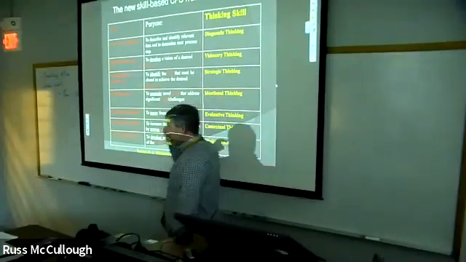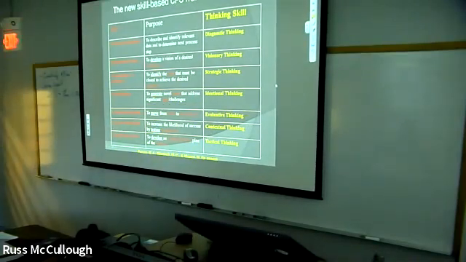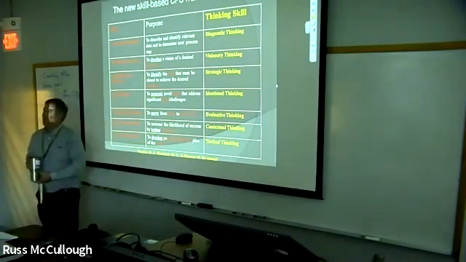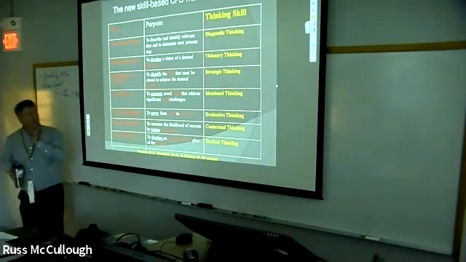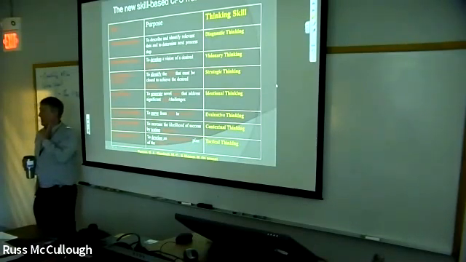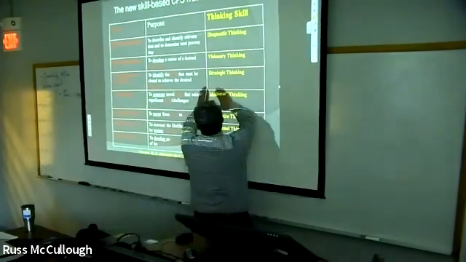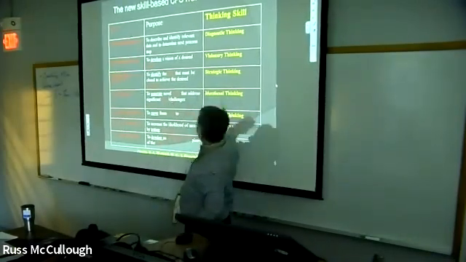What kind of thinking do you think you're doing if you're doing ideational thinking? Creative thinking, okay, good. Who else wants to add on to that? Bobby? Ideas, yeah. So the idea part here is we're going to try to come up with ideas, exploring ideas to generate novel ideas.